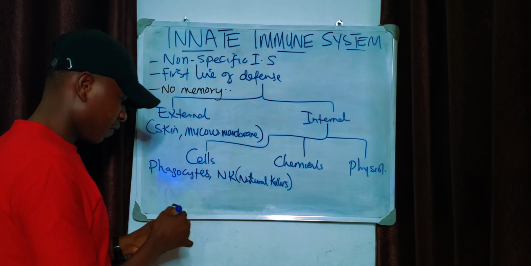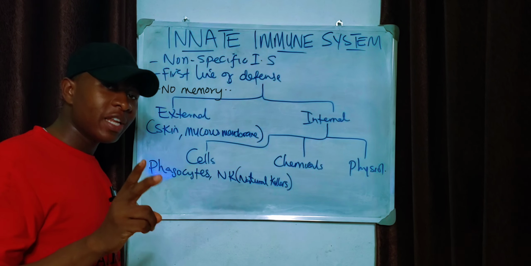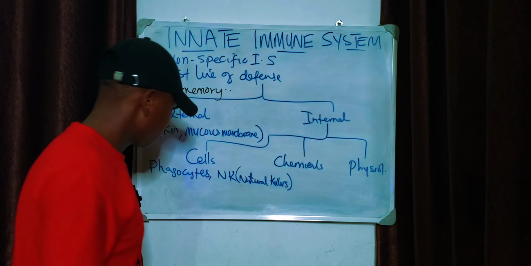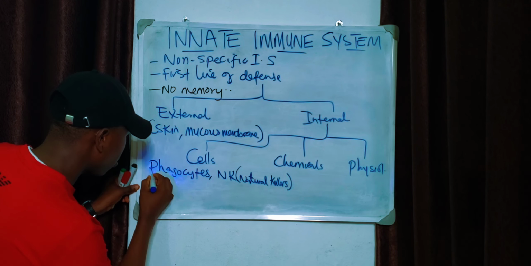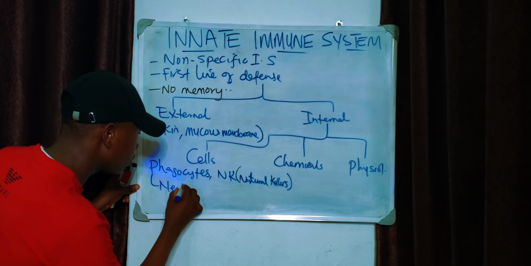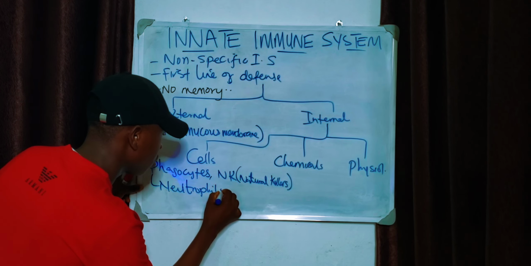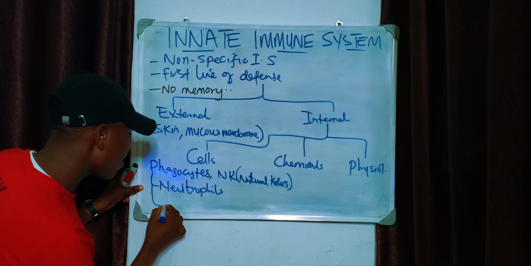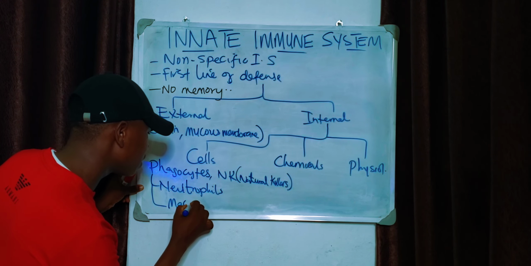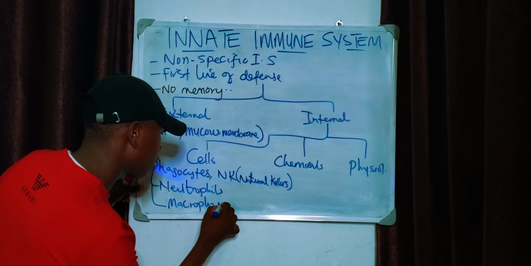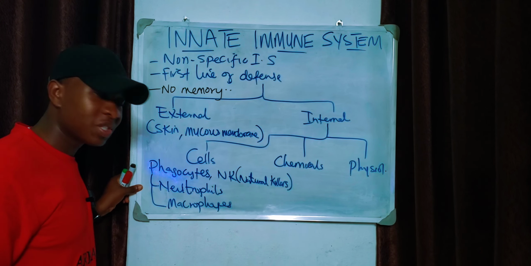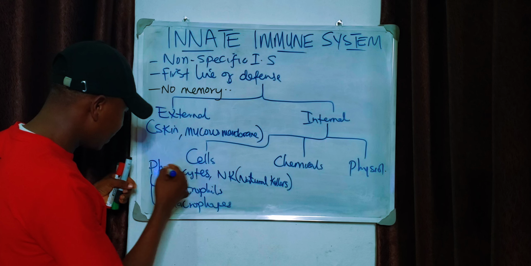Now, let's look at the phagocytes. The phagocytes are divided into two. We have the neutrophils, and we have the macrophages. I will tell you why I did this division.